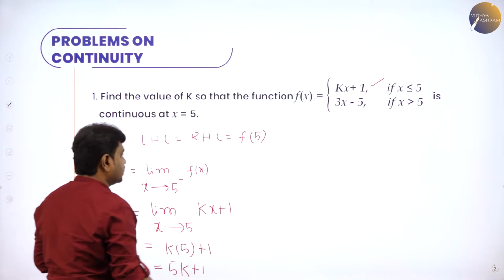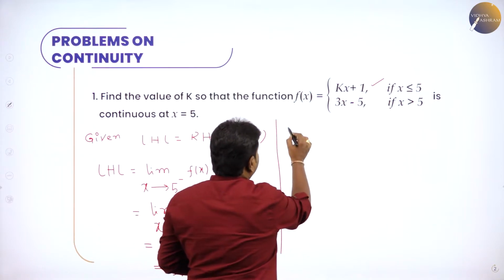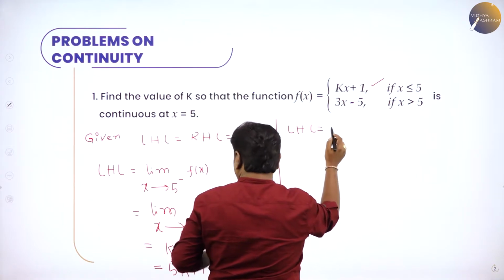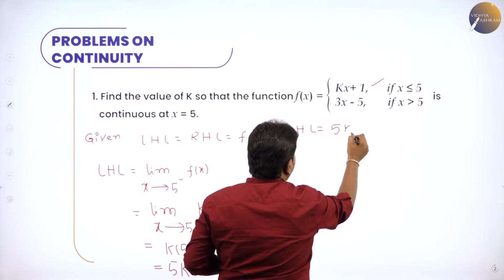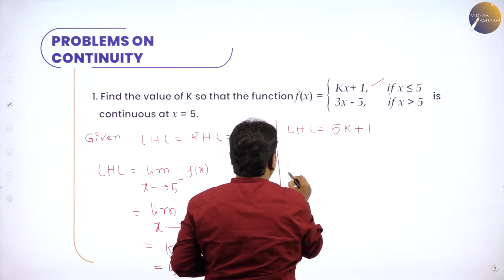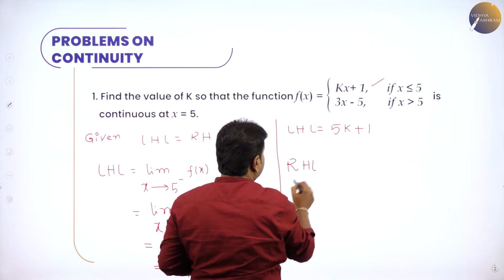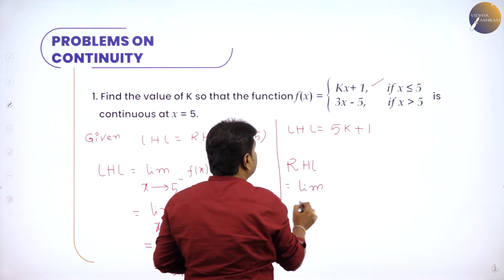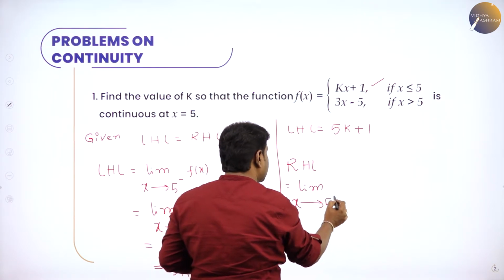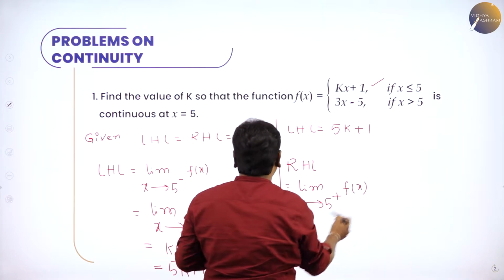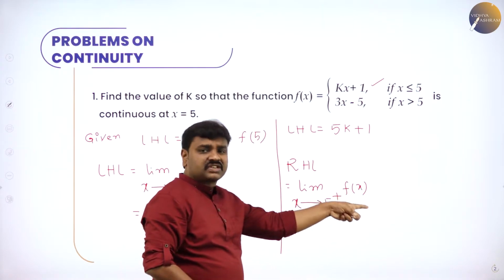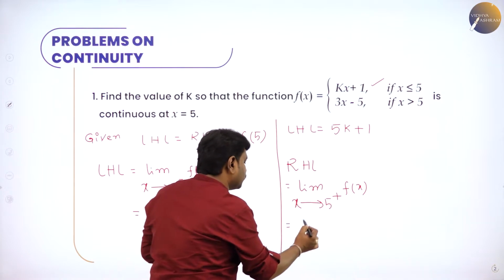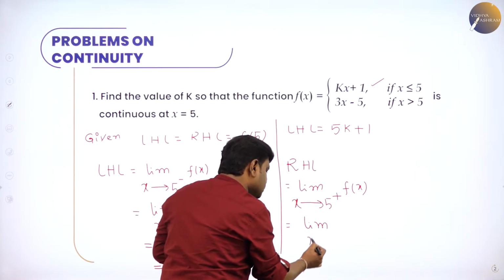So now we got LHL. What LHL value did we get? Exactly, 5k plus 1. LHL is 5k plus 1. Now go to RHL. What is RHL? Right-handed limit. What does it mean? Limit x tends to 5 plus f of x. They told continuous at 5, so I'll take 5 plus f of x. What is the meaning of limit x tends to 5 plus? It is the same as limit x tends to 5.